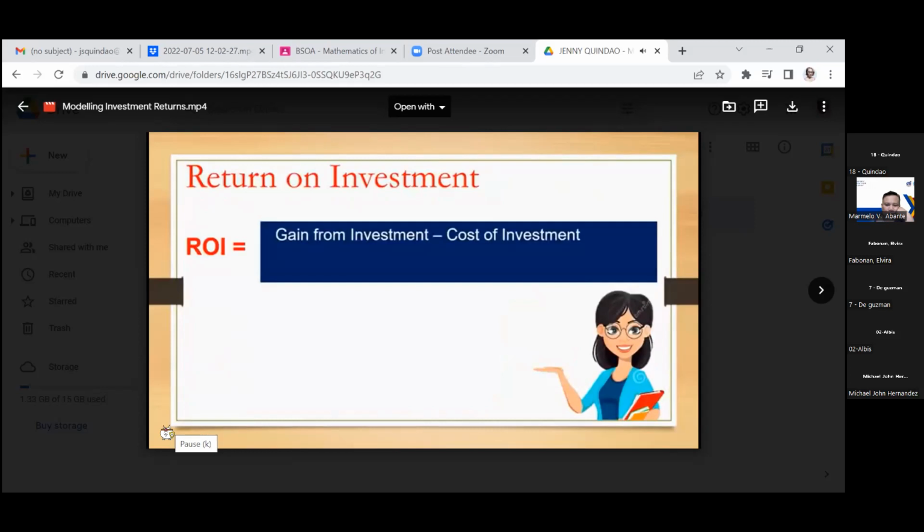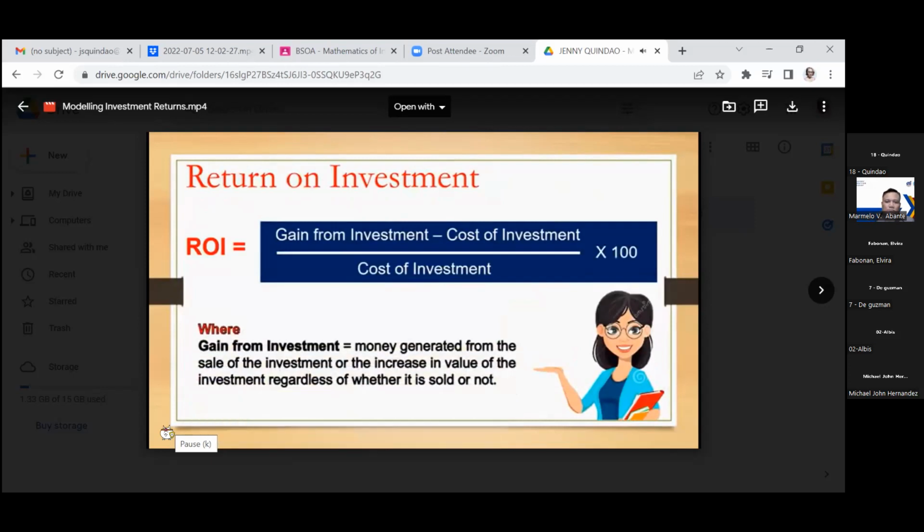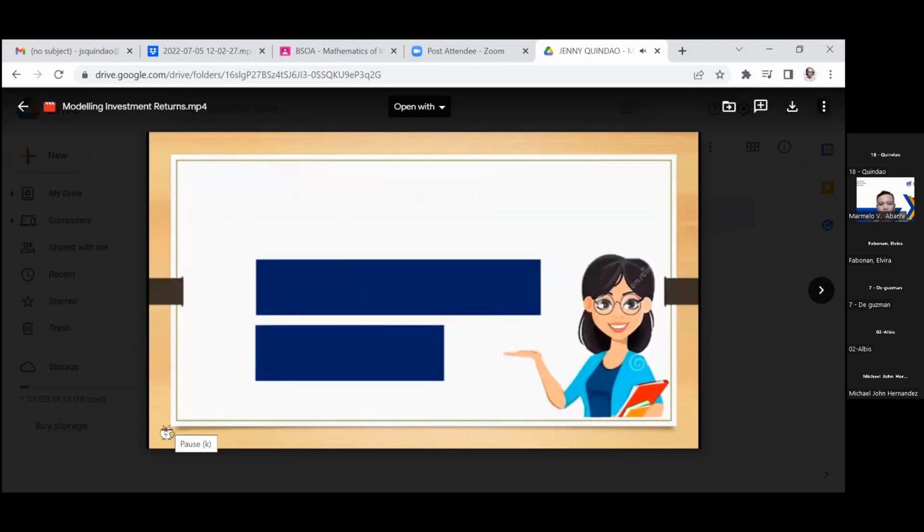ROI equals gain from investment, or the current value of investment, minus cost of investment, divided by cost of investment, and multiplied by 100, where gain from investment is equal to money generated from the sale of the investment or the increase in value of the investment regardless of whether it is sold or not.